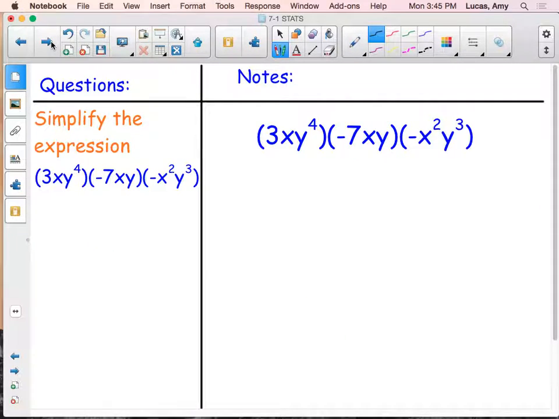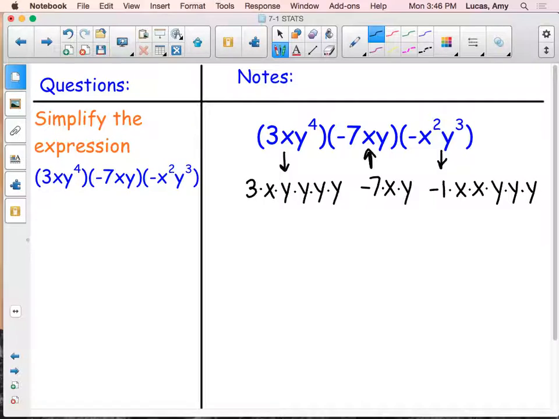Okay, another one like that. In case you want to see this one expanded, I'll expand it. So 3xy to the 4th looks like that. Negative 7xy. And on this one, negative 1x squared y to the 3rd. If I regroup it, commutative property, I can multiply 3 times negative 7 times negative 1, and that would give me a positive 21.